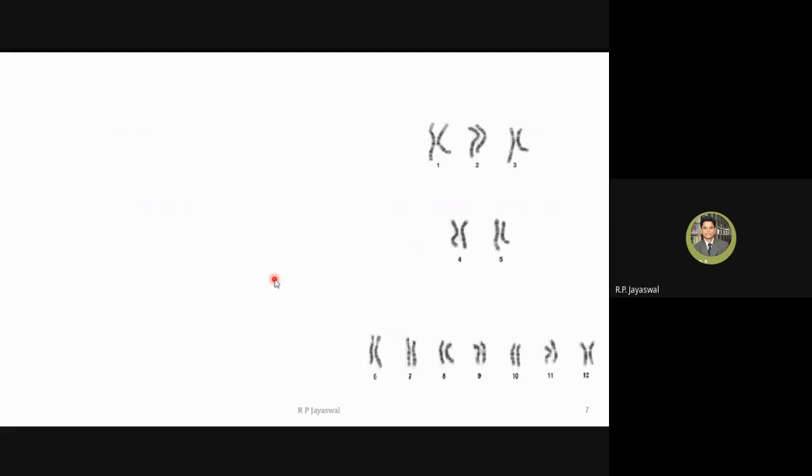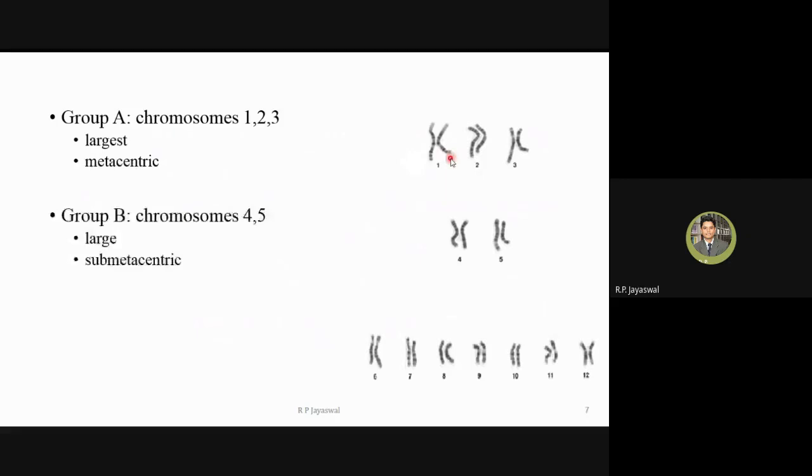Chromosomes number 1, 2, 3 are grouped into group A. Group A contains chromosomes 1, 2, 3, and these are the largest chromosomes, and they are metacentric. Whereas group B has chromosomes 4 and 5, which are also large, and basically submetacentric.